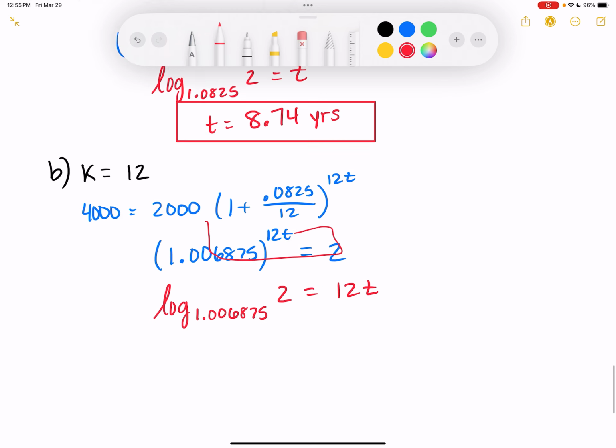And then when you find whatever that log value is, you need to divide by 12. 8.43 years, yes.